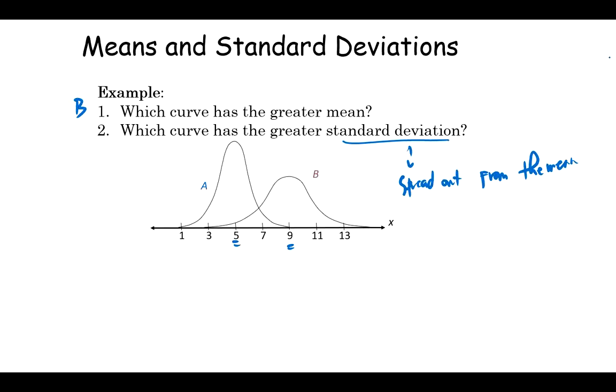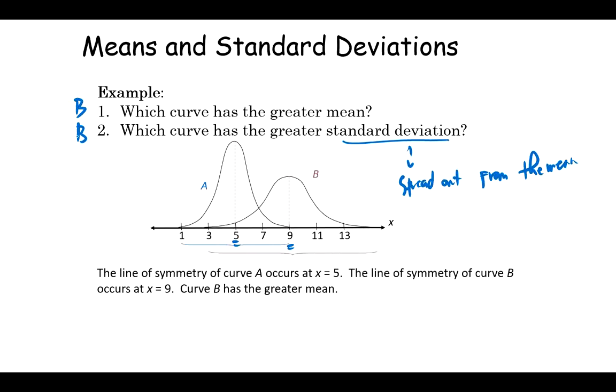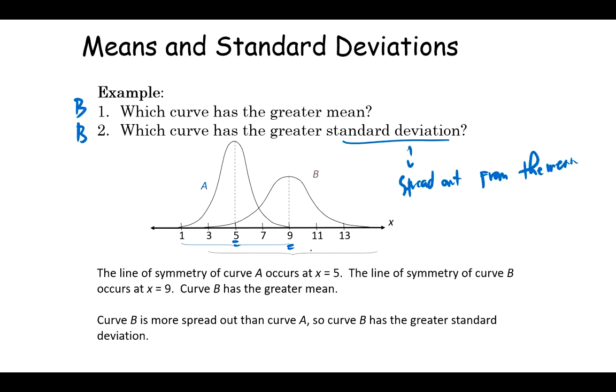Pag si curve B naman, palapad siya. So, palayo siya sa mean. Okay, so meaning, the greater standard deviation is curve B. Okay, so ayan. Tingnan nyo yung pagka-spread out pa lang pag tingin nyo pa lang sa image, makikita nyo na kagad kung saan yung data na naka-spread out. Okay?